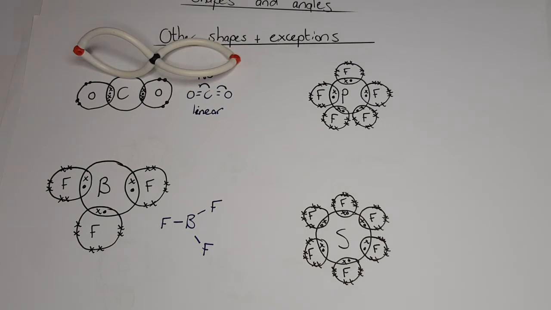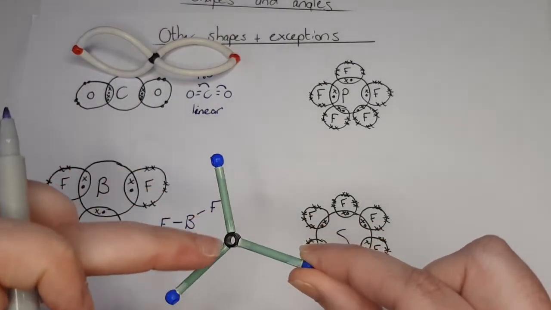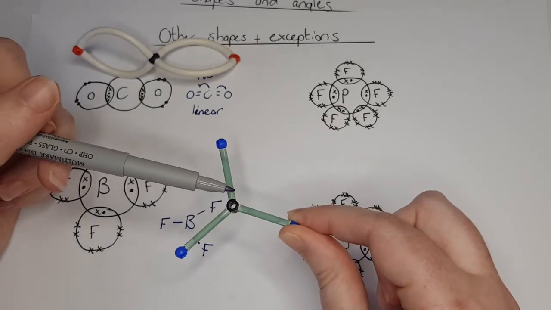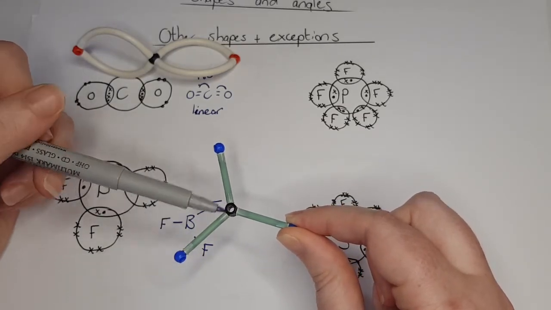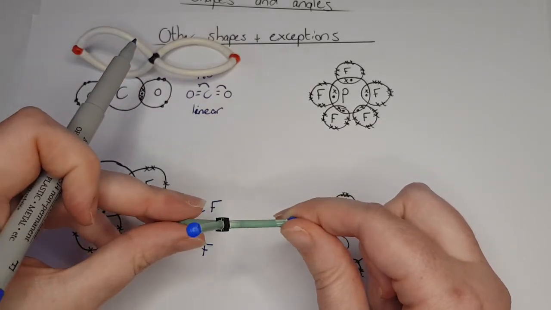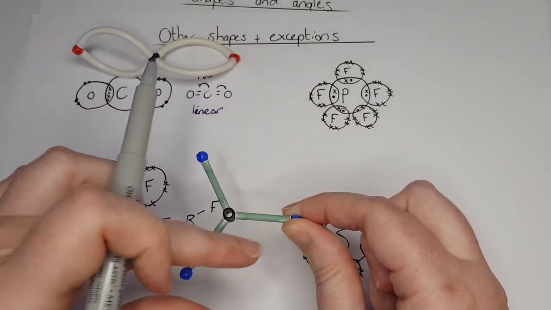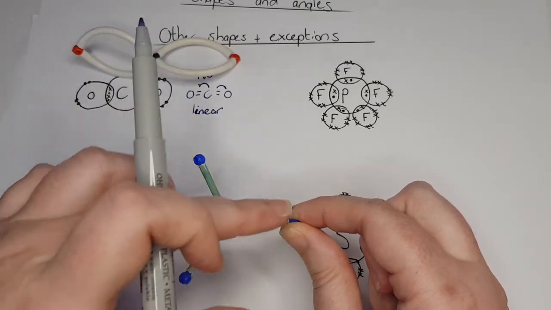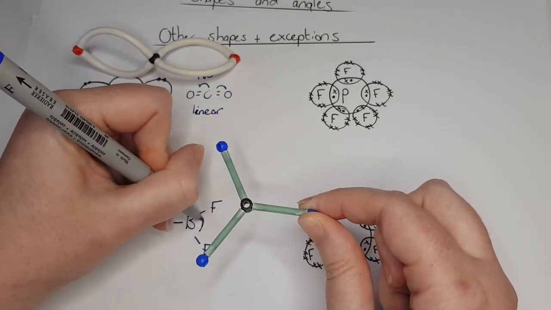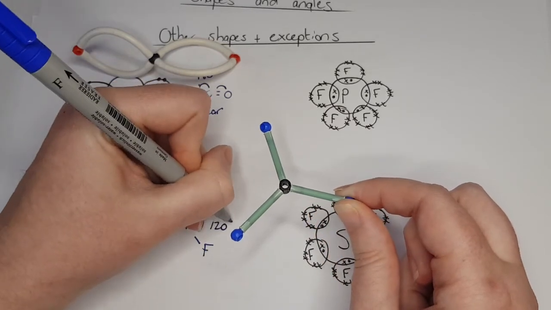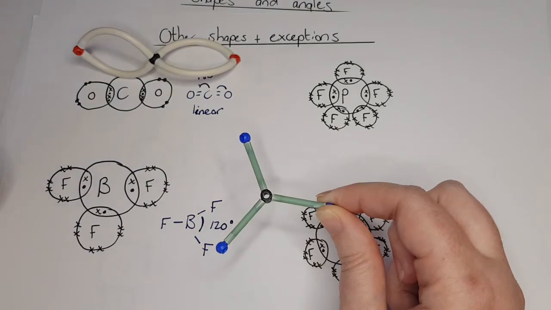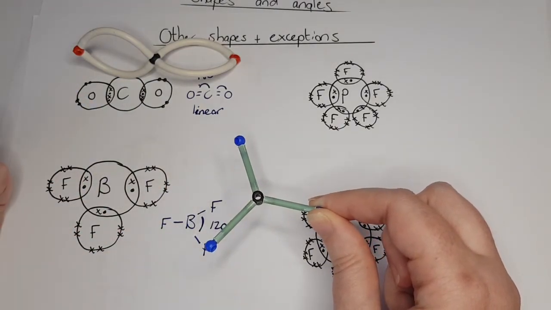So now because each of them is equal and it's missing that lone pair, the molecule becomes flat. And because it's flat, the angle between them becomes 120 degrees, because 120 plus 120 plus 120 makes 360, because this whole thing is now a flat molecule.